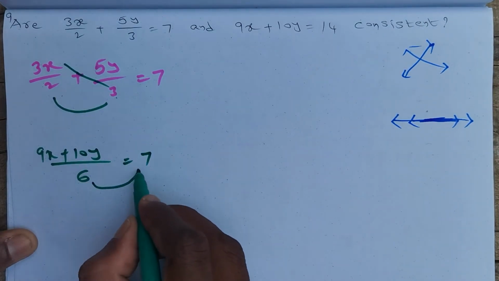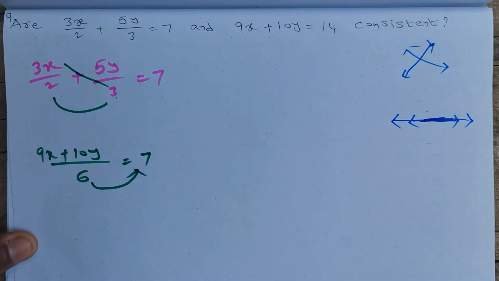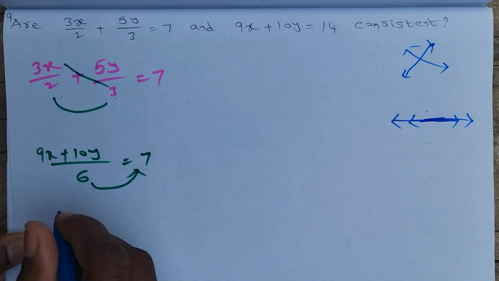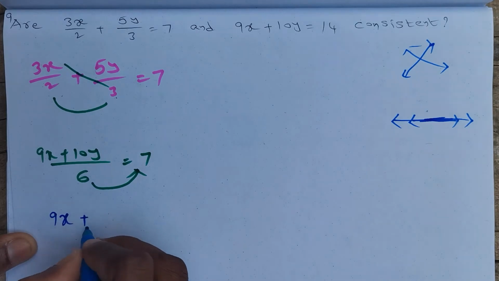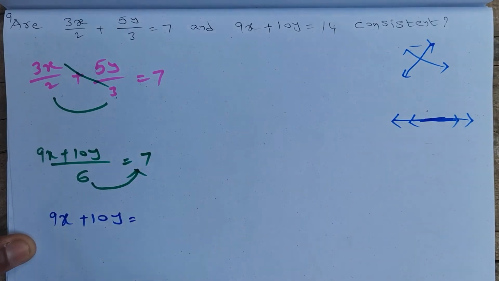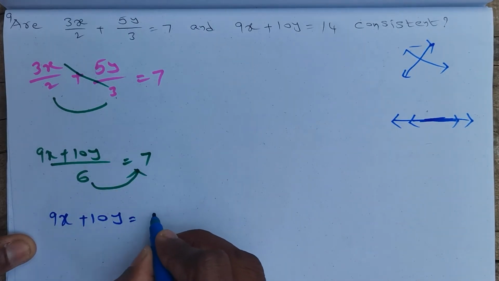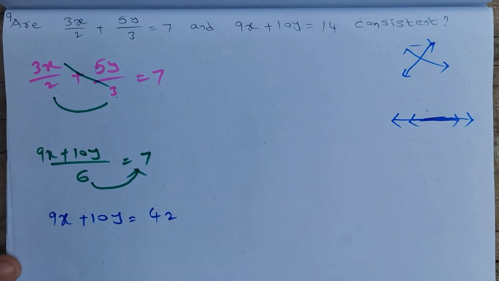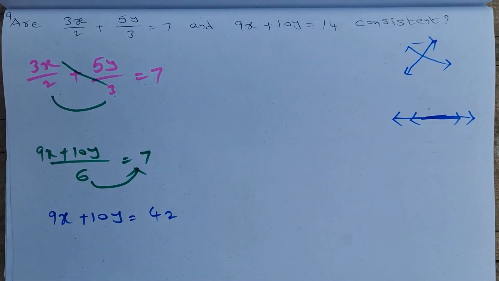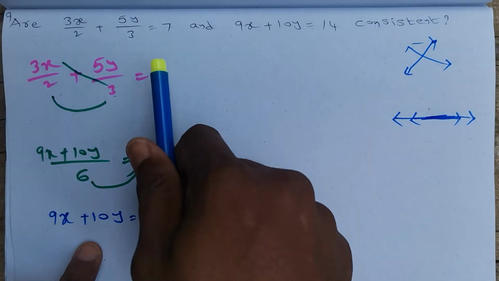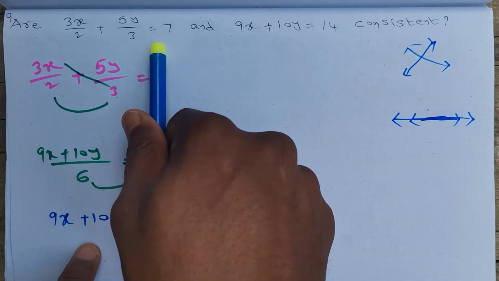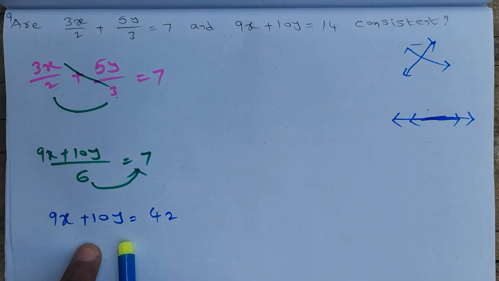Now I take this 6 to the right side, then it becomes multiplication. So 9x + 10y = 7 sixes are 42. So the first equation, 3x/2 + 5y/3 = 7, we simplified and got 9x + 10y = 42.